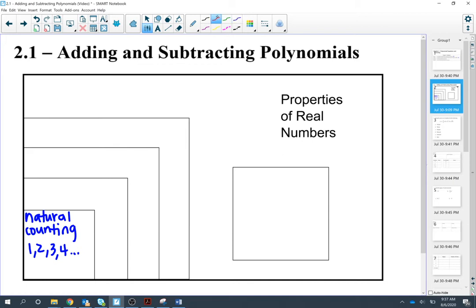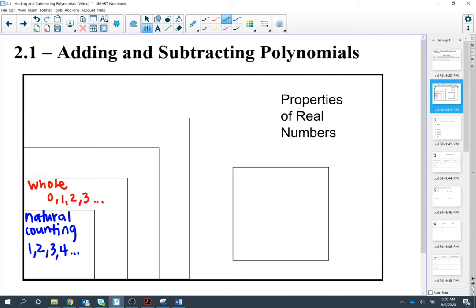Now, a little bit bigger than that, you're now moving on from kindergarten to first grade. You're getting older, so you have a better idea of numbers. We're going to move on to our whole numbers. And the difference between your counting numbers and your whole numbers is we're going to add on 0. 0, 1, 2, 3, etc. Moving a little bit bigger than that, now we've thrown 0 in, we've got 1, 2, 3. What if we go the opposite direction?